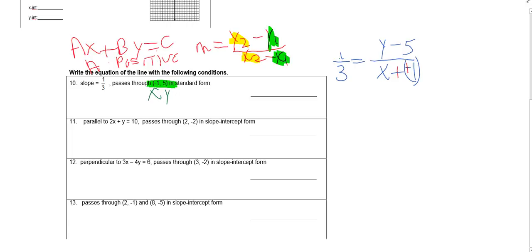change both of those, the subtraction to plus and the negative to positive, and then we're simply going to cross multiply. We're going to multiply the quantity x plus 1 by 1, and we're going to do that on the left side. So we have 1 times x plus 1 equals, cross multiply on the other side.